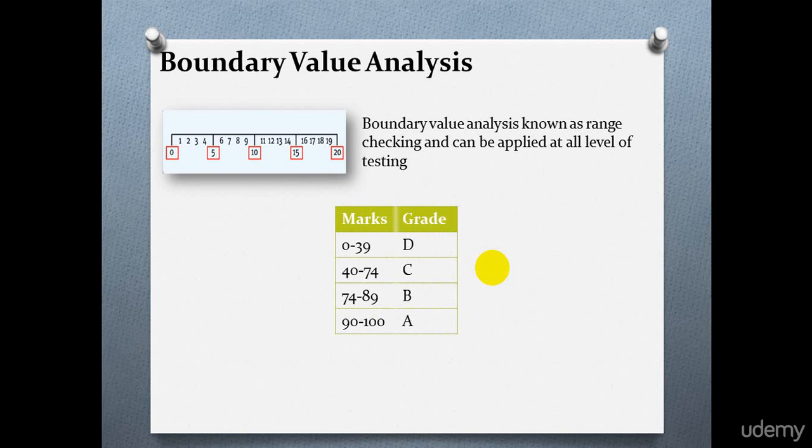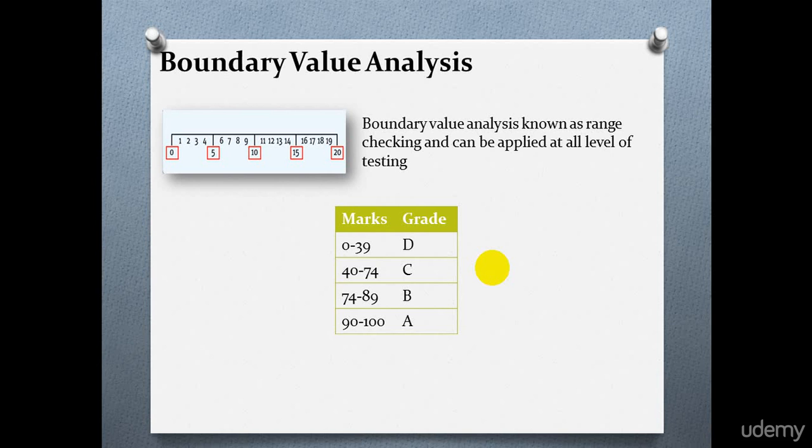For example, consider an application which shows the grades of the students upon entering their test marks, where everyone scoring between 0 to 39 is grade D, 40 to 74 is grade C, 75 to 89 is grade B, and 90 to 100 gets the grade A.